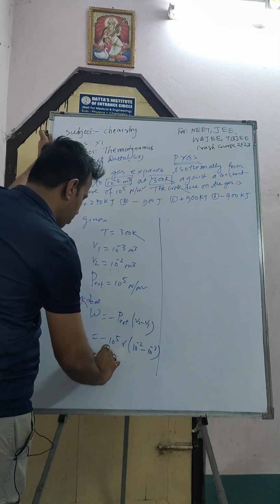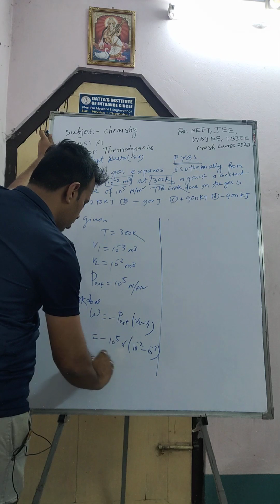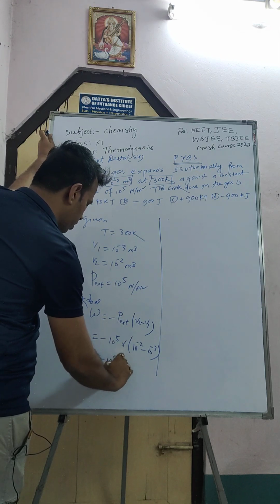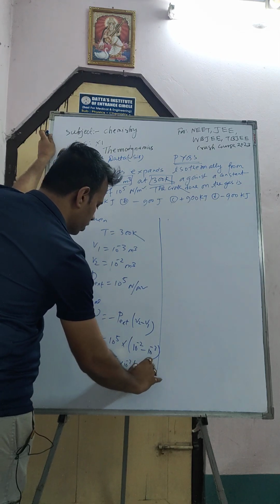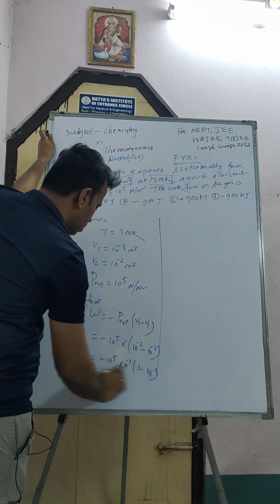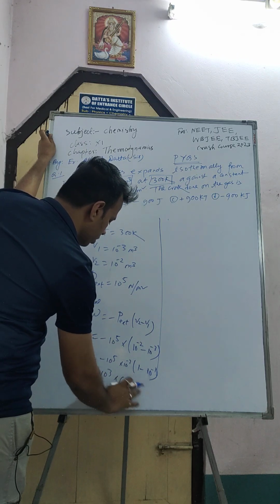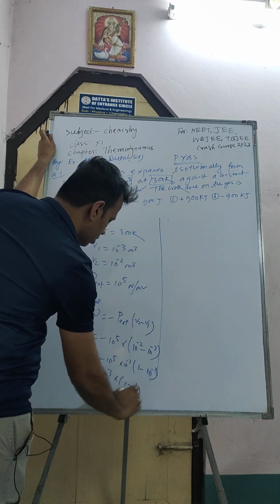If I take 10 to the power minus 2 as common, with 10 to the power 5, it will be 10 to the power 3, and it will be 1 minus 1 by 10.